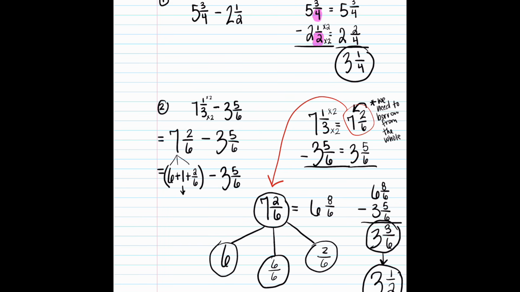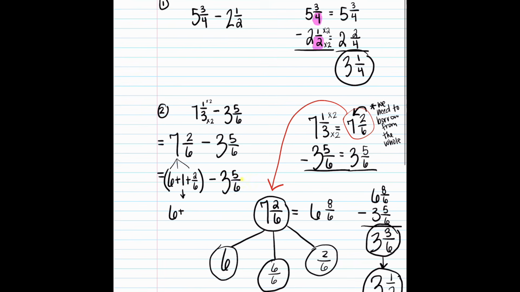I can then turn that whole into, because I have sixths here, 6/6 plus 2/6. Okay? Minus 3 5/6.